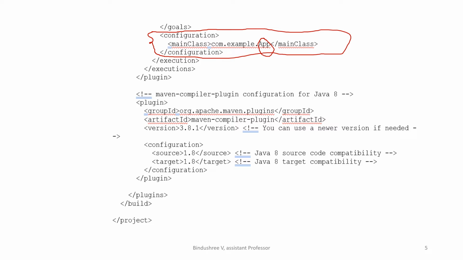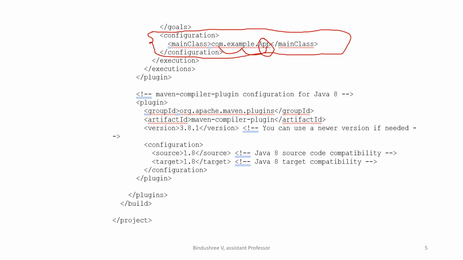That should be included in your configuration, which means that you want to execute a Java program. And what is the main class name? The main class name will be com, inside com we have example, and inside that we have the application, app, that you should provide. That we call the configuration tags.